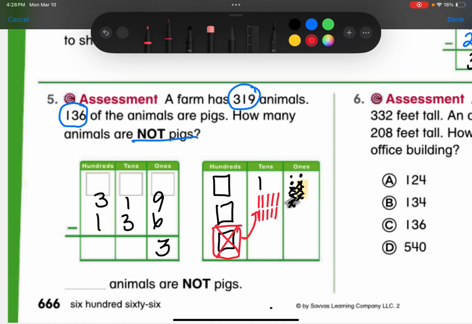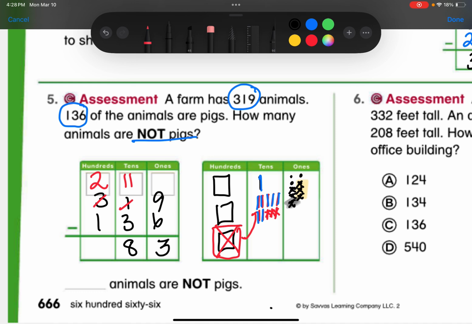Cross that out. So now I have 11 tens, and I only have 2 hundreds. So now I'm going to cross out 3 tens. 1, 2, 3, and that leaves me with 1, 2, 3, 4, 5, 6, 7, 8 tens now.